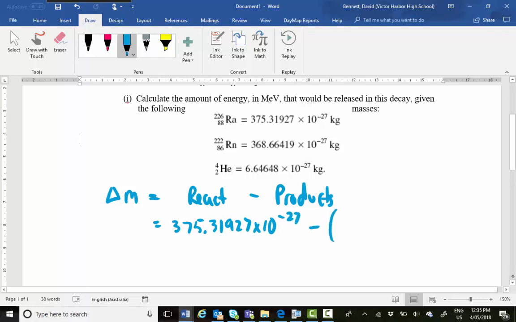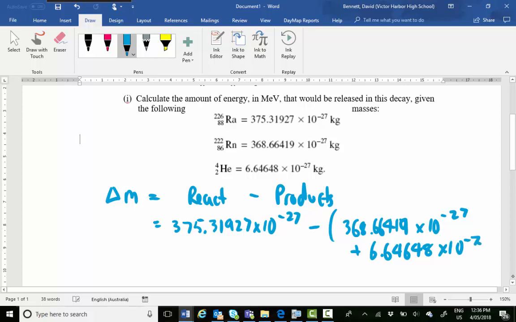The mass of our products is going to be 368.66419 by 10 to the minus 27 plus 6.64648 by 10 to the minus 27.